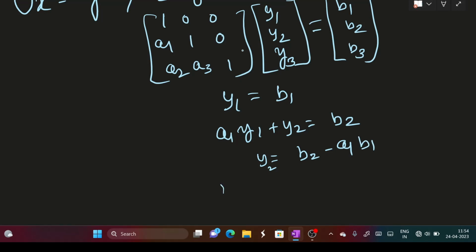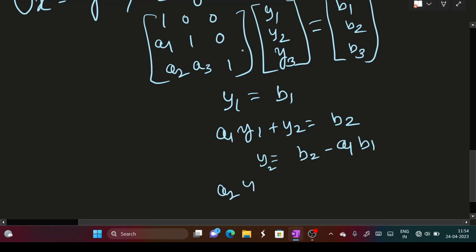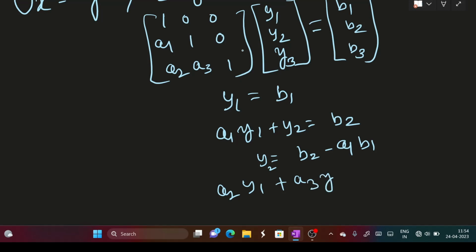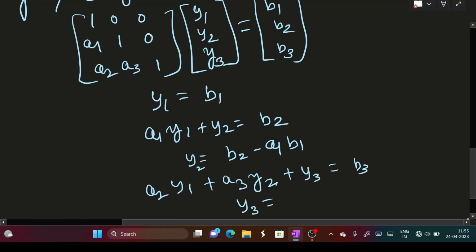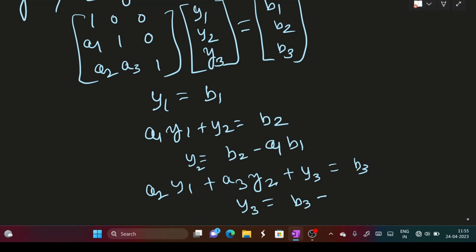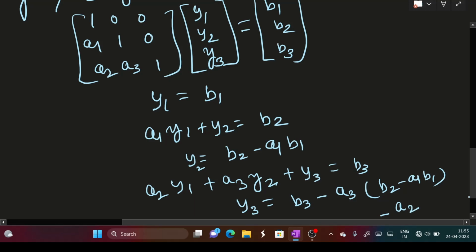Similarly, the third equation is a2 y1 plus a3 y2 plus y3 is equal to b3. From here, y3 is equal to b3 minus a3 into (b2 minus a1 b1) minus a2 b1.